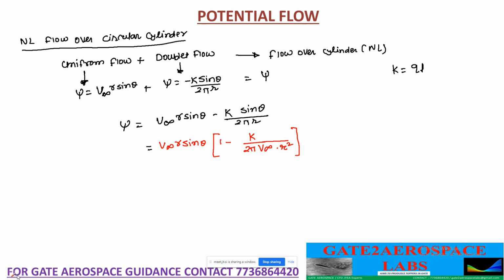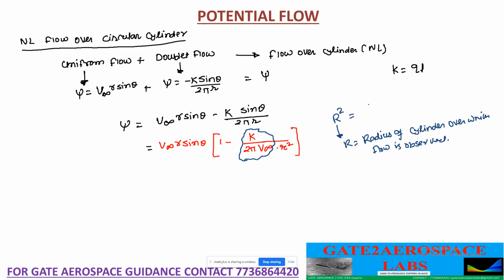Now this term is my R square, where R is the radius of the cylinder over which you are observing the flow. So R square is given as k by 2 pi V infinity.